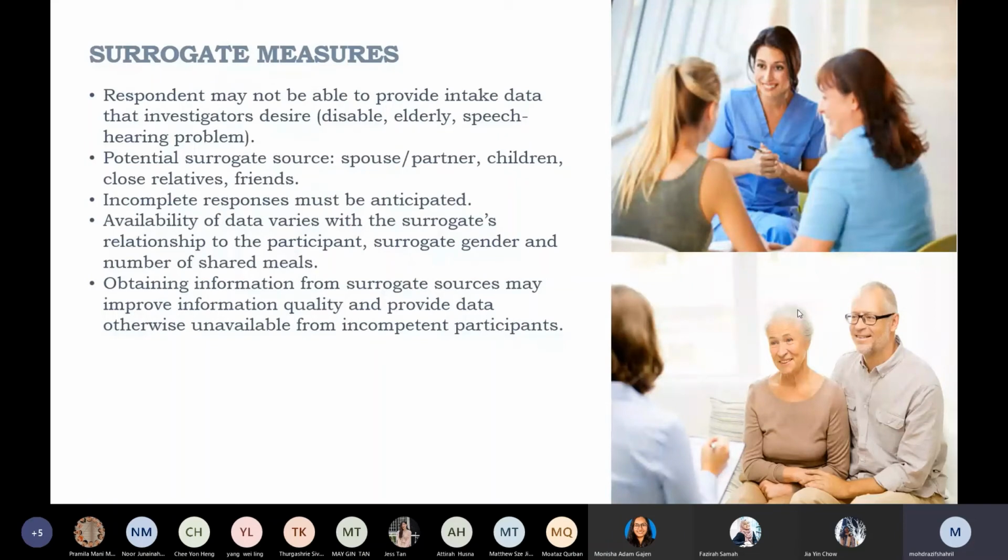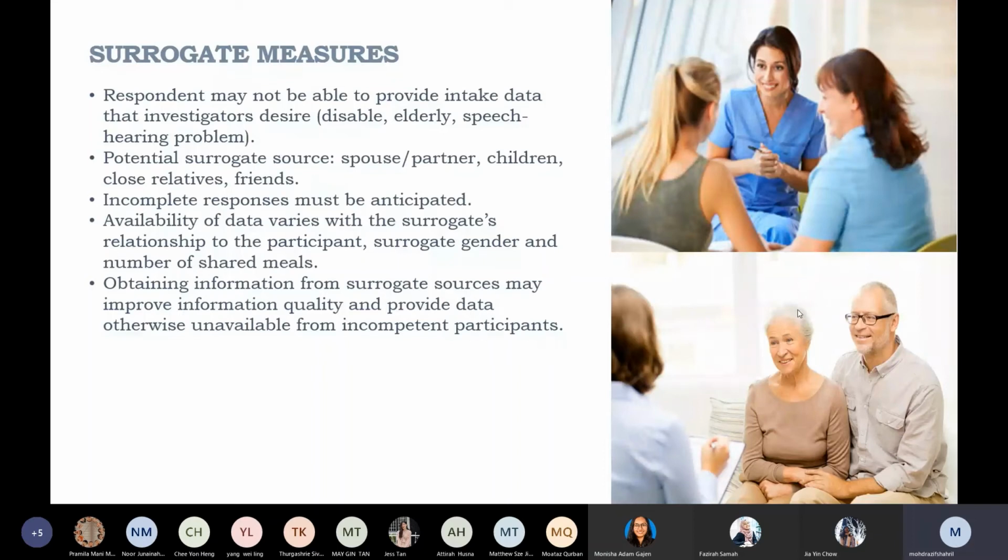Okay, and when using surrogate measures, we must anticipate incomplete responses, because the surrogate is not with the respondent all the time. Sometimes when we measure among children, the parents might not know what the child ate at school or at their TASKA or TADIKA. So incomplete responses must be anticipated.